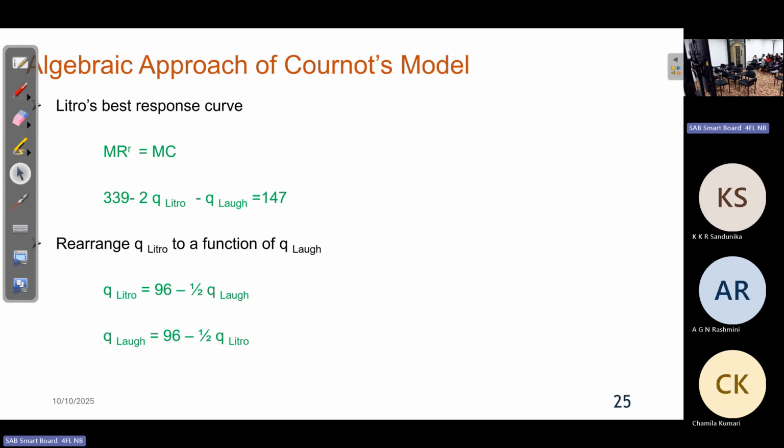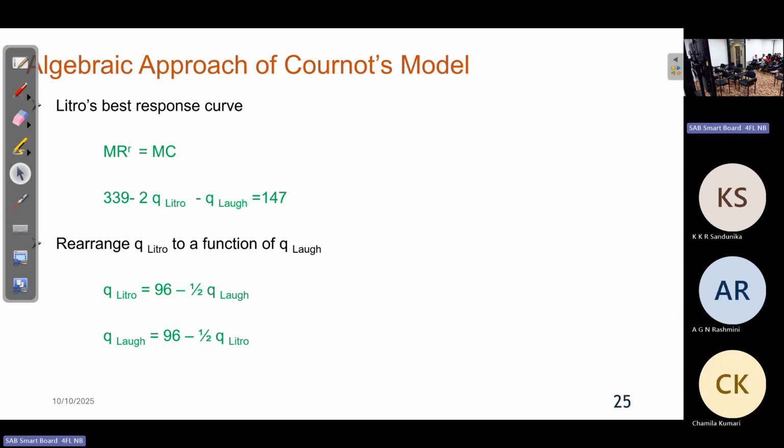And 339 minus 147 is 192. Minus Q1 should be divided by 2. Q2 equals 96 minus half Q1.